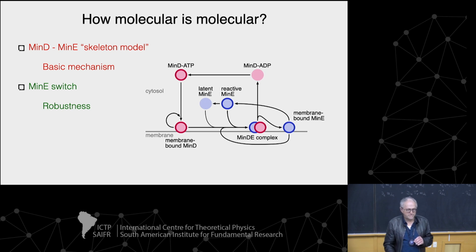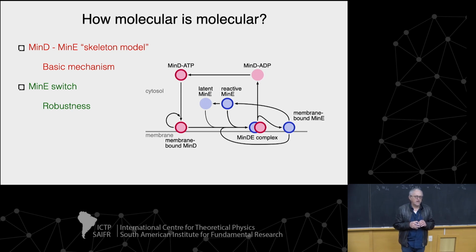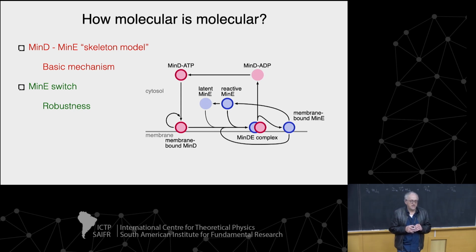So, two quick questions just to understand this. You very nicely show the robustness, right? Independent of your MinE concentration. But when you said my model is robust, it's robust to this, right? But then you can tune the wavelength with the MinE persistent binding. Persistent binding, yeah, that's true. And how sensitive is that?